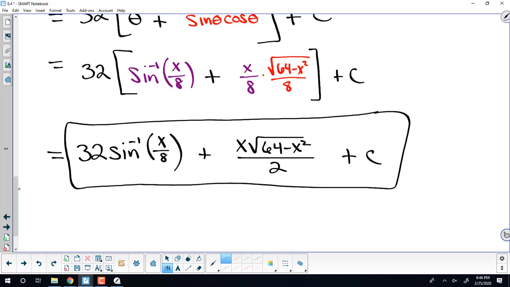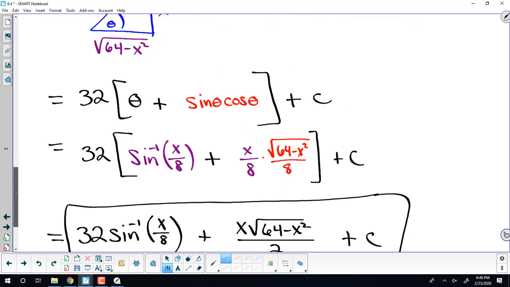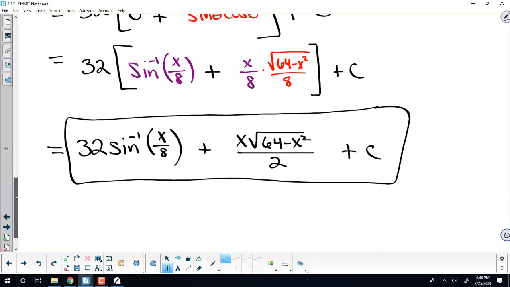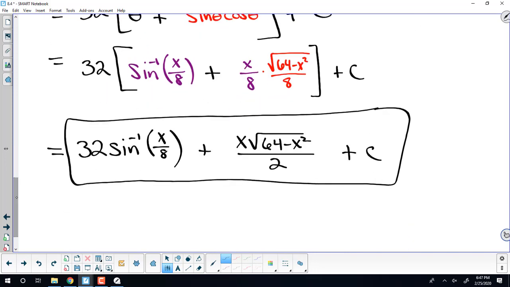So I have a question. If I call x over 8 cosine, that should be a different answer. Yes, right. If we let our substitution x over 8 be cosine, you'd have something slightly different than what we have here. You see that? Same identity still works.